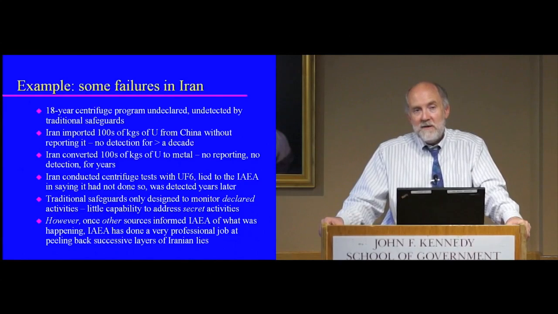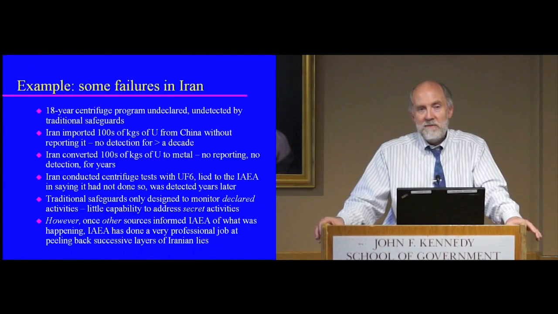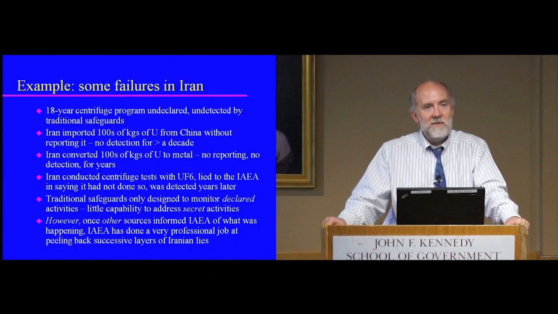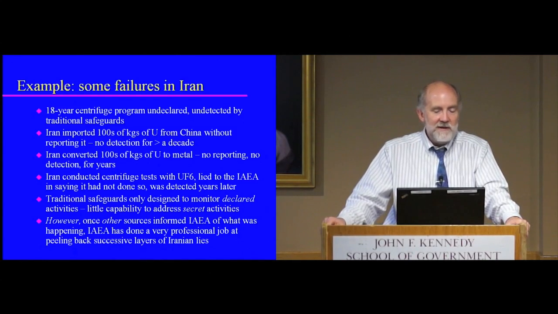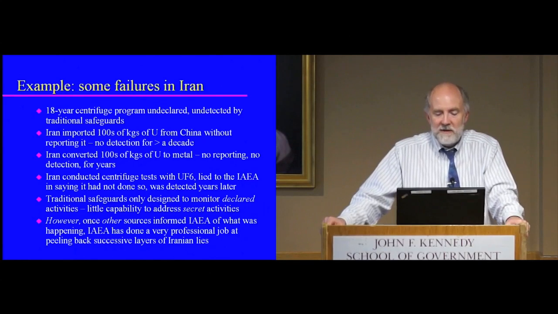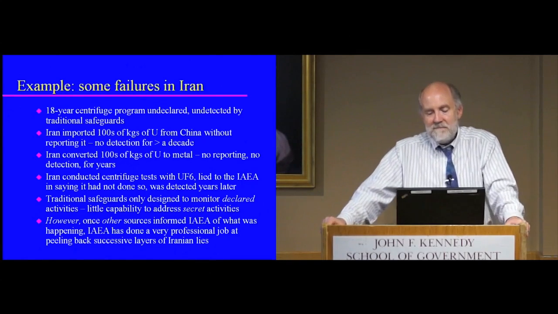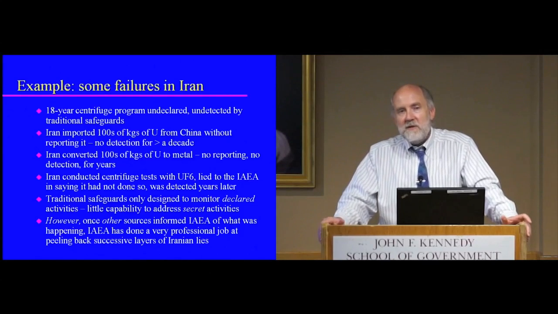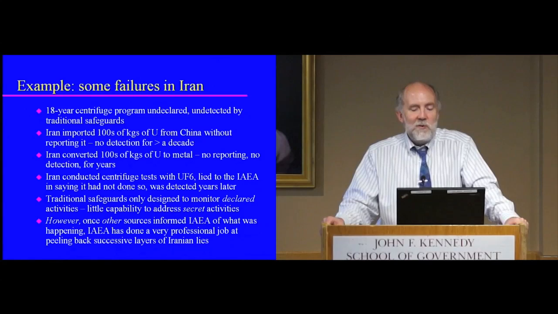They conducted real centrifuge tests with uranium hexafluoride, definitely something that had to be under safeguards if they were complying with their agreement. They lied to the IAEA and said they hadn't ever done that. It was detected years later. So this was one of the problems with the way things used to be in safeguards, only looking at the declared activities.